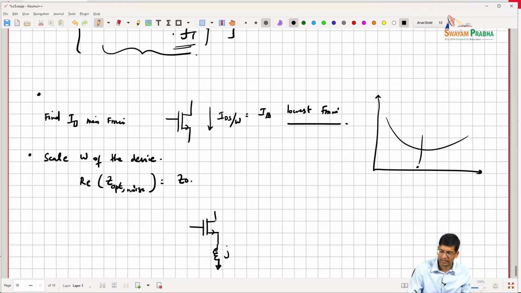So you can put an inductance, a source degeneration inductance here. And when you put a source degeneration inductance, then the real part of the impedance looking in here is GM LS over CGS.